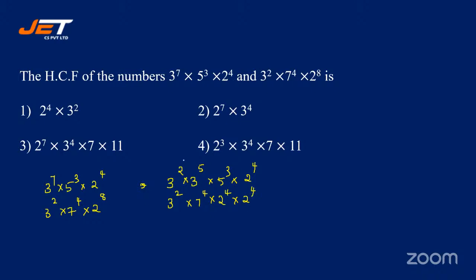So now how do we write? Whatever is common, 3 square, right? And here I have 2 power 4. Anything else is common? Nothing. So it would be 3 square into 2 power 4. Right? So option 1 is the correct answer.